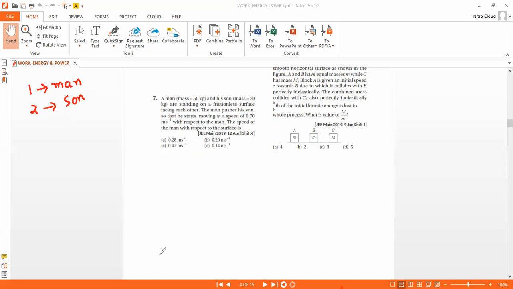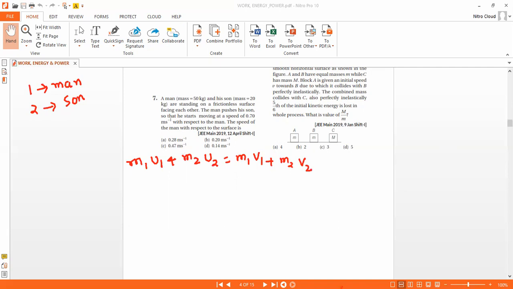So we can say momentum is conserved. That is m1u1 plus m2u2 is equal to m1v1 plus m2v2.